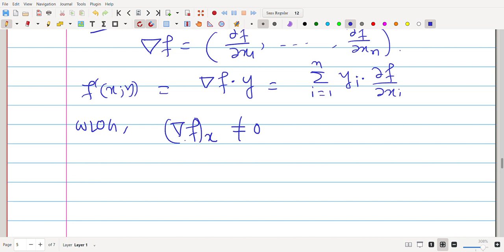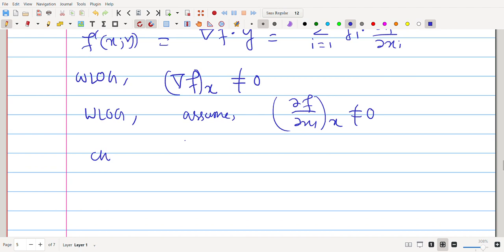That means there exists some i such that del f del xi is non-zero, because this vector at x is non-zero. So without loss of generality, assume del f del x1 at x is non-zero.